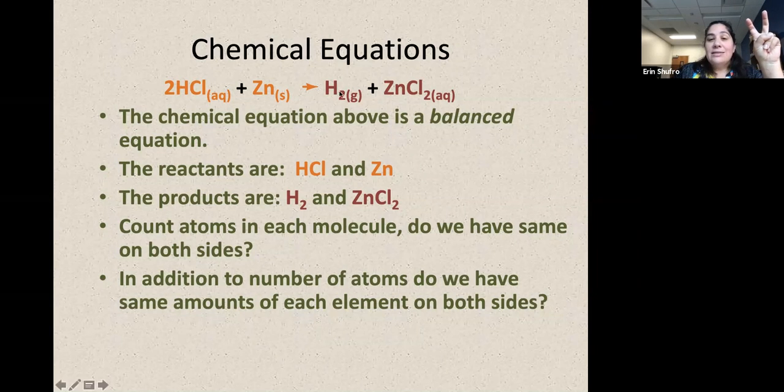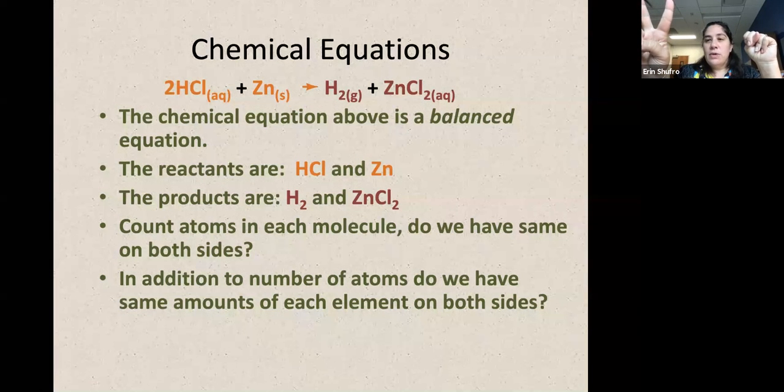On the right-hand side, I have a subscript of 2, which indicates that I have 2 hydrogens bonded to each other. So on the left, I have 2 hydrogens, 1 each bonded to a chlorine. On the right, I have 2 hydrogens bound to each other. So 2 atoms of hydrogen on the left, 2 atoms of hydrogen on the right. So I have the same amount of hydrogen on the left as I have on the right. So far, so good.